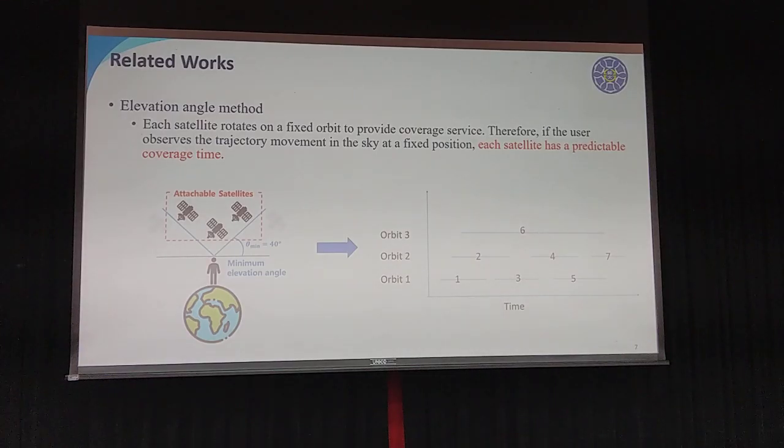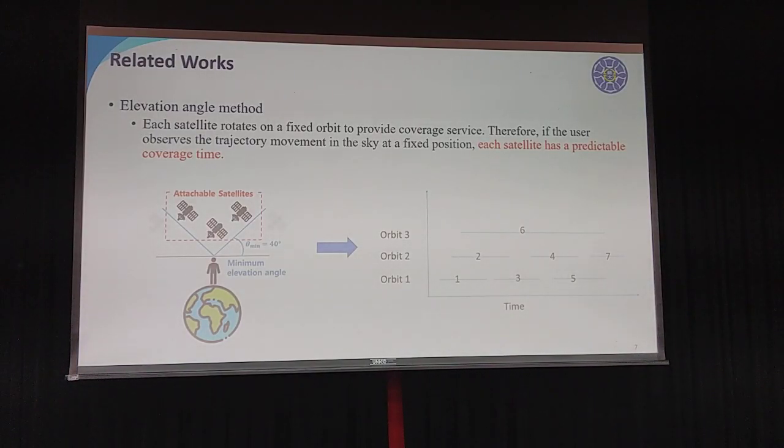Existing satellite handover methods often utilize predictable satellite trajectories. Because satellites move on fixed orbits, users can estimate how long each satellite will remain visible. Based on these characteristics, several handover algorithms have been proposed using visible time or resource availability.